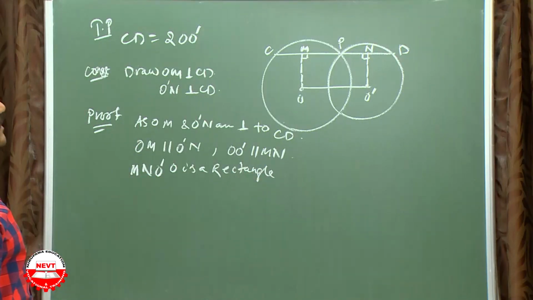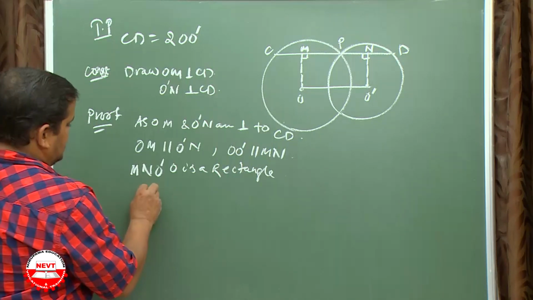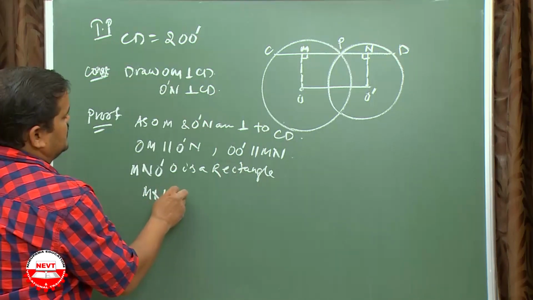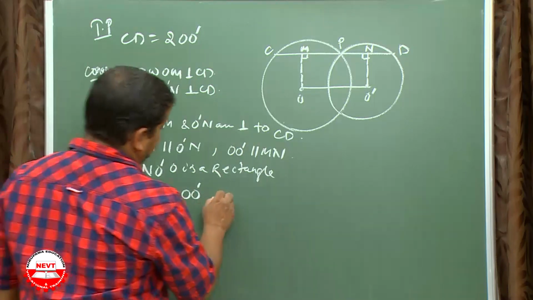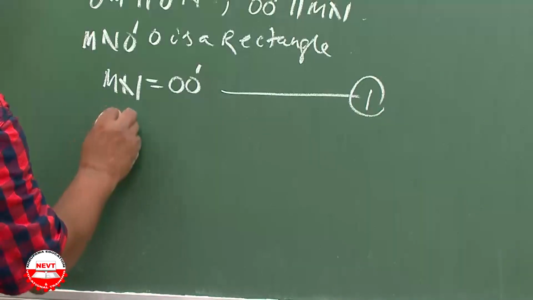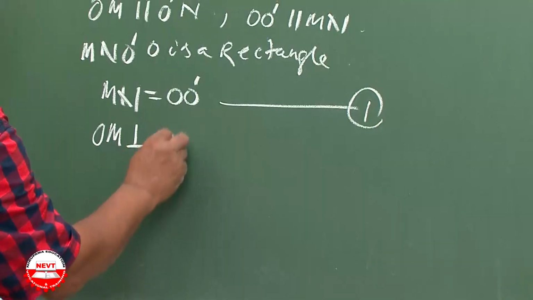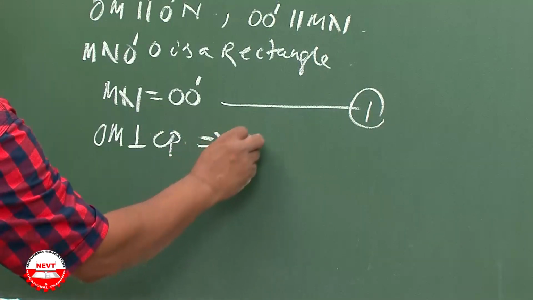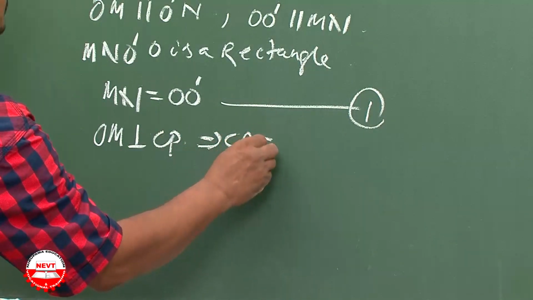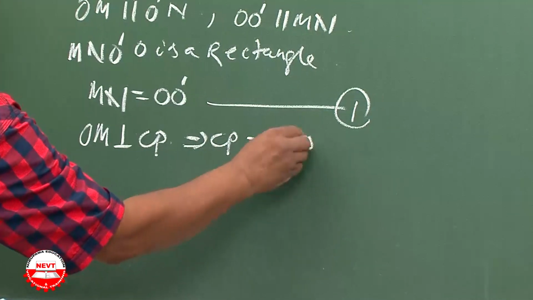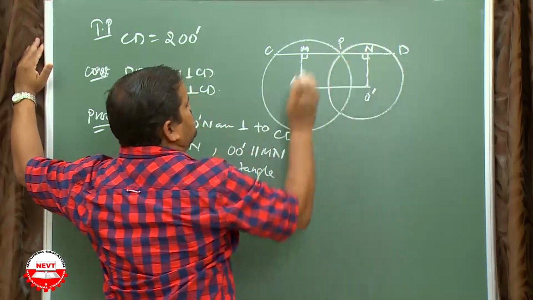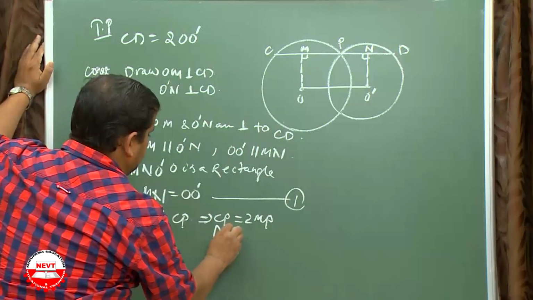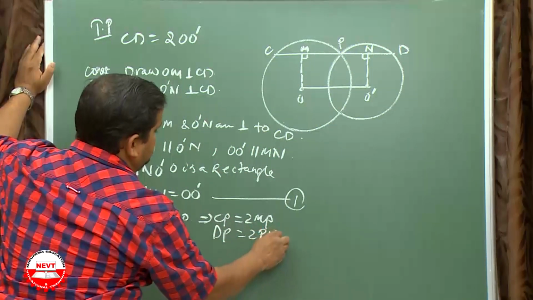This is a rectangle. It means MN is equal to OO dash. OM perpendicular to CP implies CP is equal to twice of MP. Similarly, DP is equal to twice of PN.